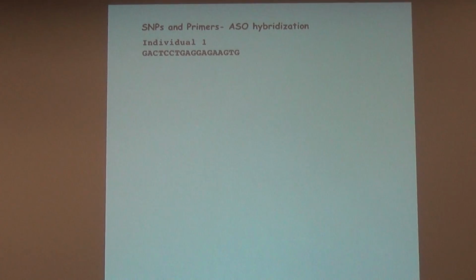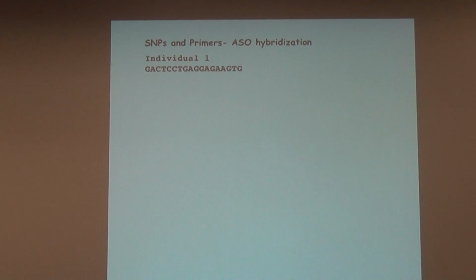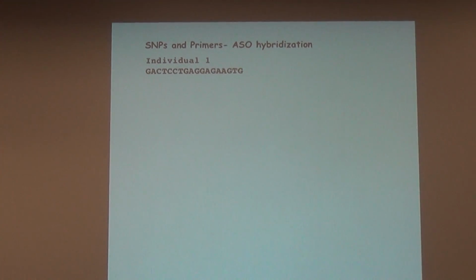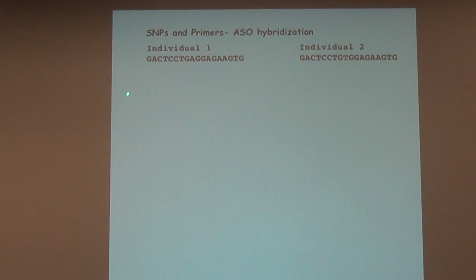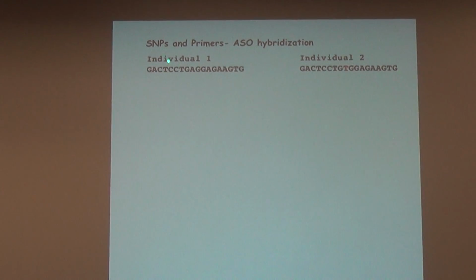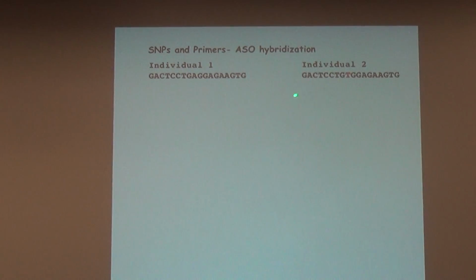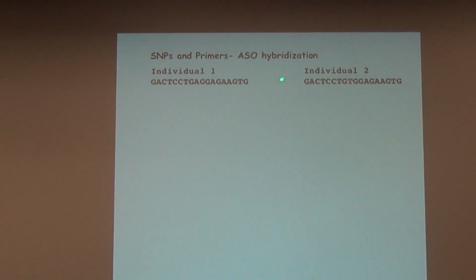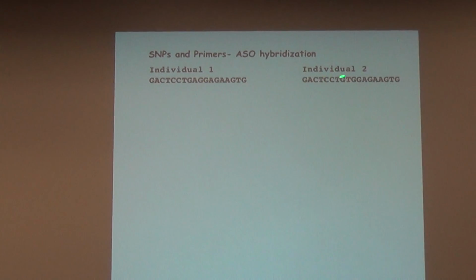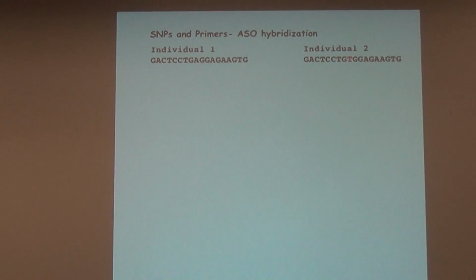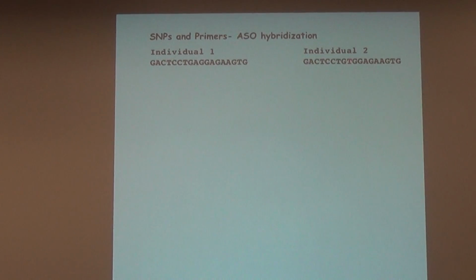Now I'm going to design my primers for PCR using that sequence information. So let's imagine there is individual 1. I've sequenced them, and here is the sequence. And here is individual 2, and here is their sequence. Notice, instead of an A over here, individual 2 has a T. So that's a SNP.